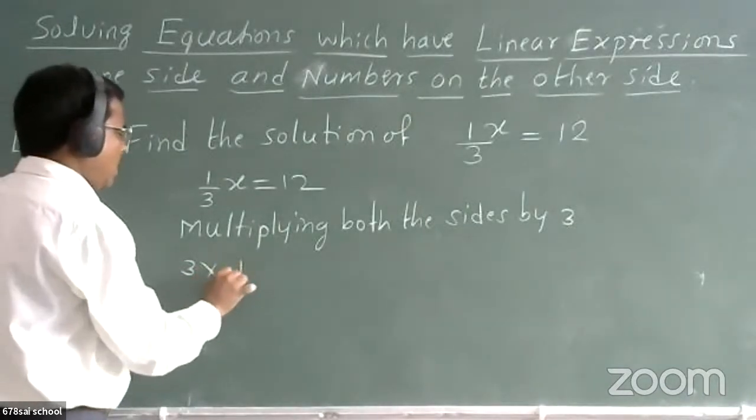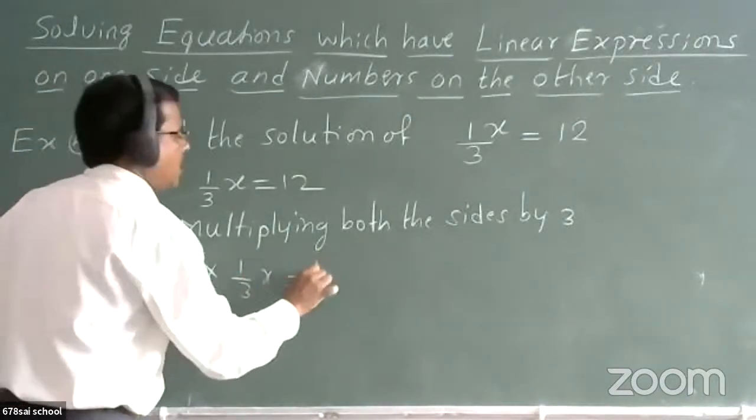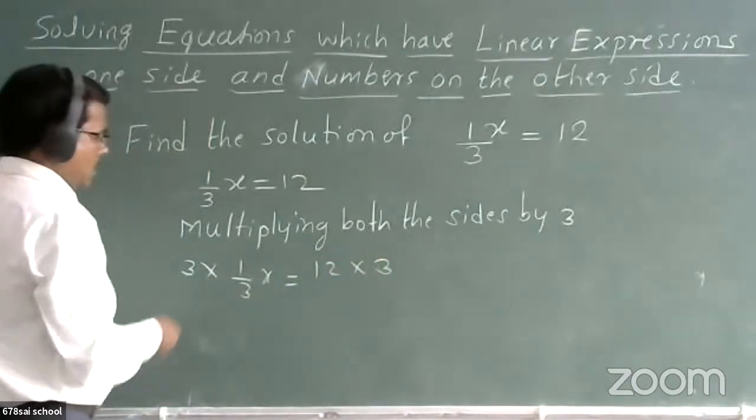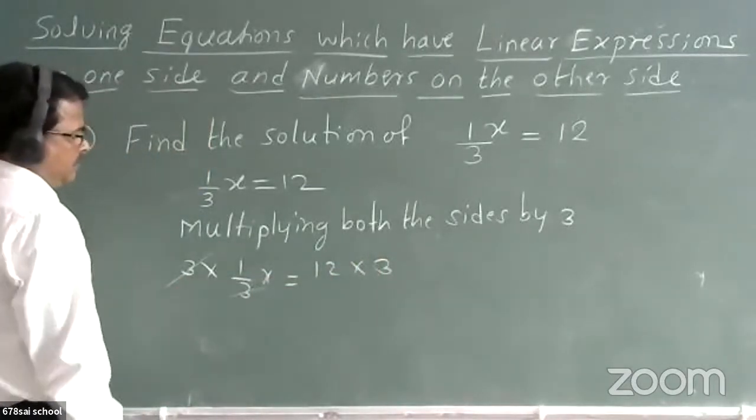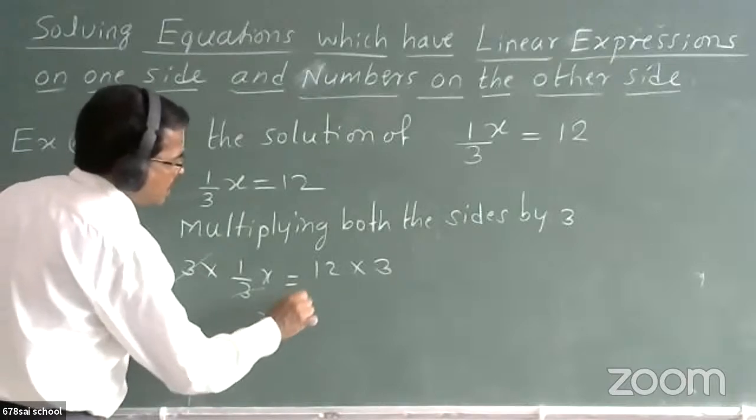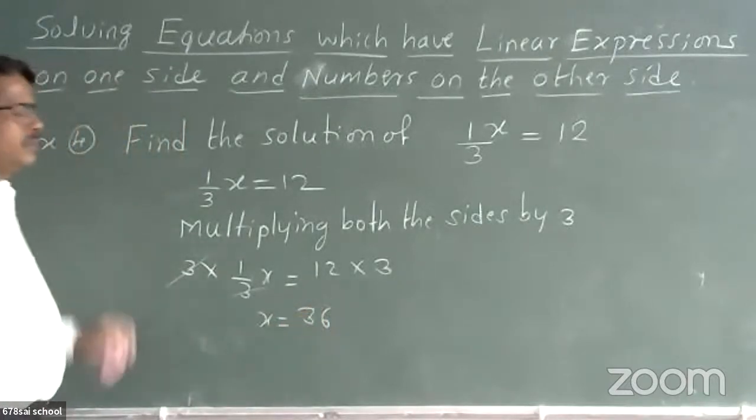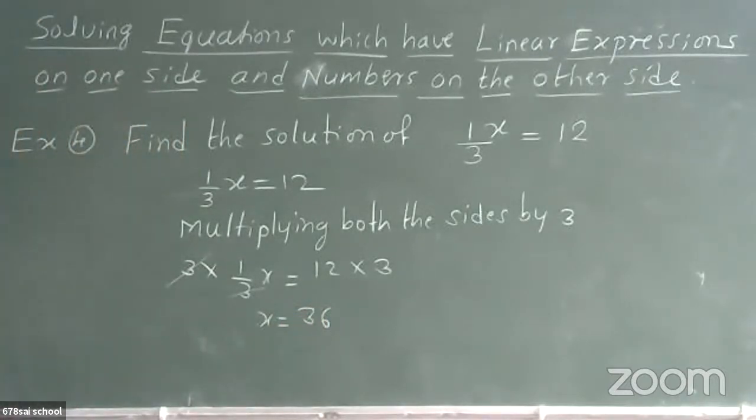Here 3 into 1 by 3x. Here 12 into 3. This 3 cancel. x equal to 36. Right.